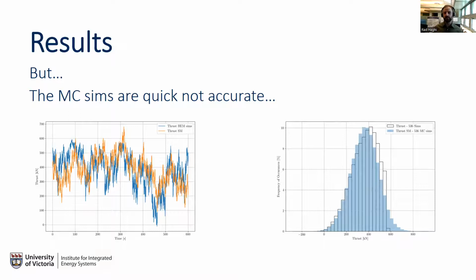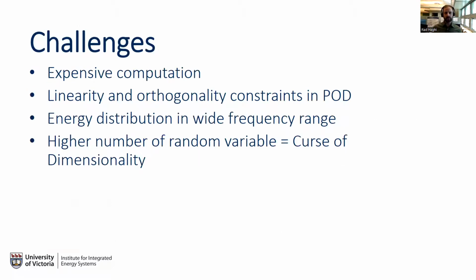If I use the data for validation, the result is not accurate. If I put in a new time series, which I didn't use for training, and then run my simulation, we can see that the statistics don't match and the time series doesn't match. And why is that the case? It is the case because of what we see in our output as thrust or torque: the energy is distributed over a wide range of frequencies.